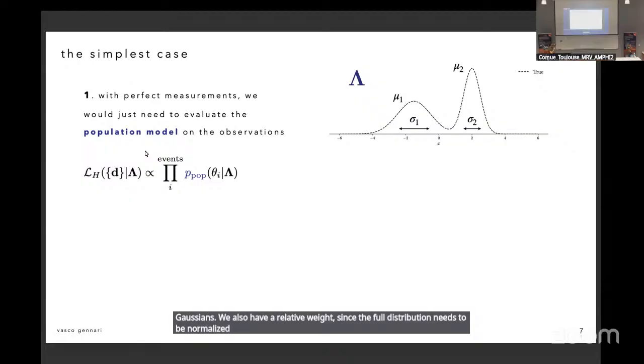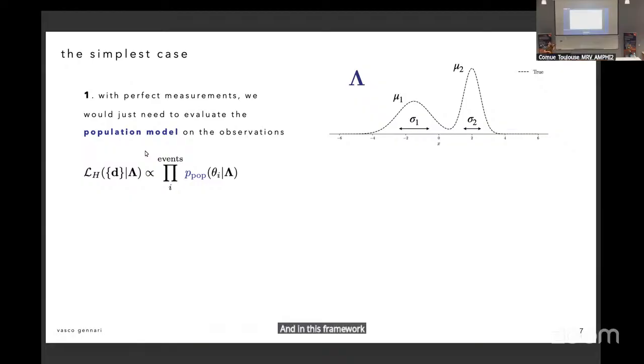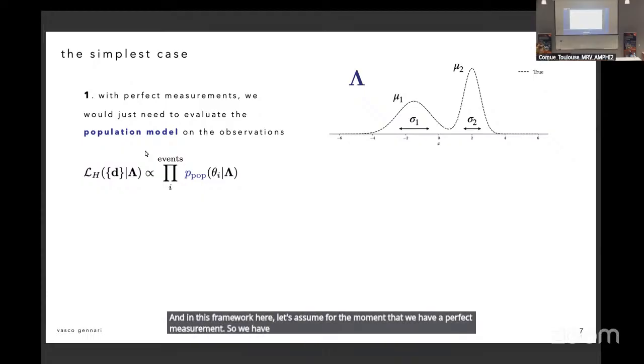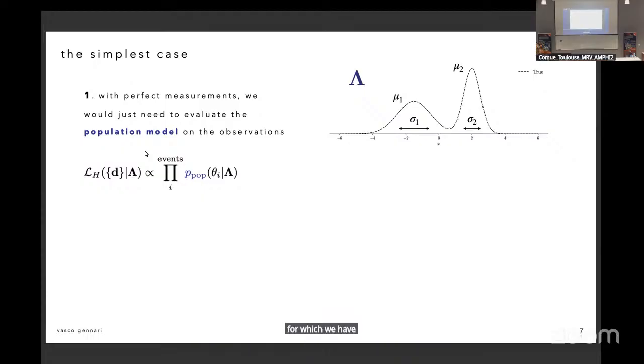And in this framework here, let's assume for the moment that we have a perfect measurement. So we have a collection for which we have direct access to the true parameters. In this case, the likelihood, given that the observations are independent, just reduces to the product of the population distribution evaluated on our observations.